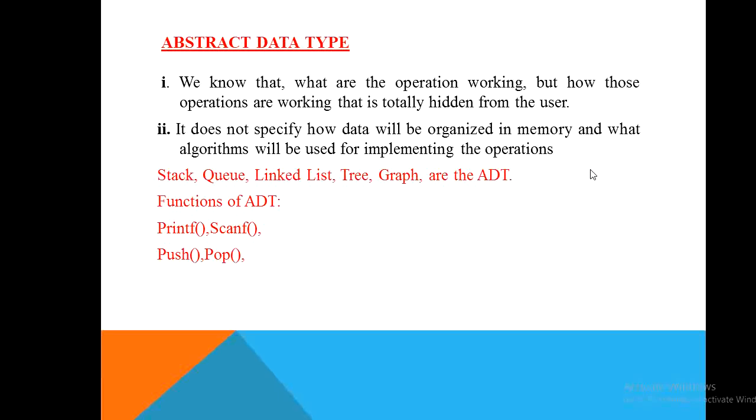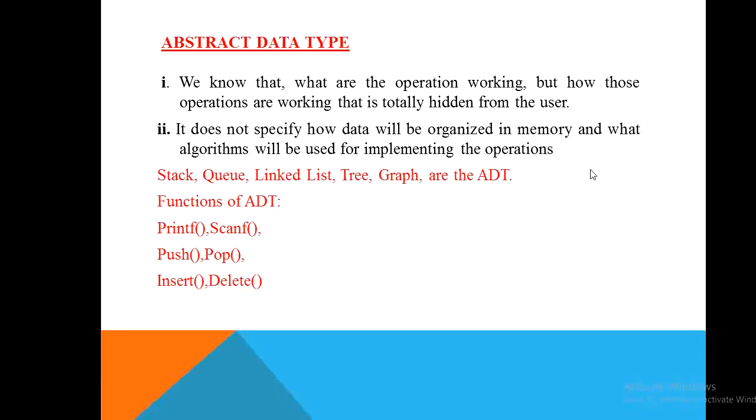In the same way, push and pop are applied for the data structure stack, right? Insert and delete operations are implemented on queue. So many functions are used for the data structures. We know all the operations they are performing, but we don't know the detailed implementations, right?